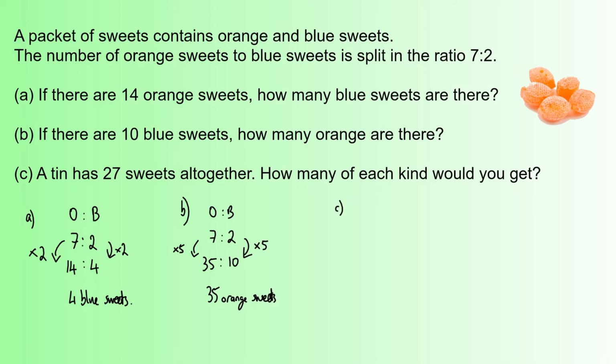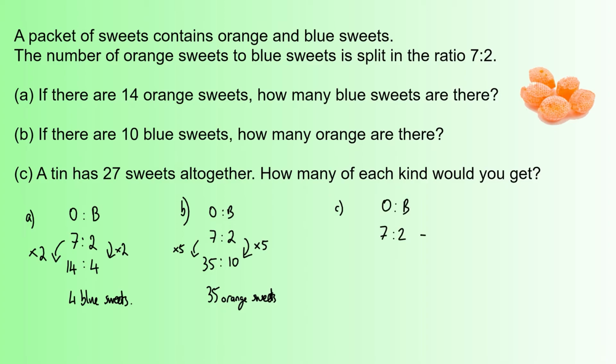Okay, and question C: a tin has 27 sweets altogether. How many of each kind would you get? This is actually taking you into a little bit of almost proportional division. It's kind of looking at what we're going to do next, but sometimes these questions are mixed together. If there's 27 sweets altogether, what you've got to think about is how many sweets you get in an individual group. The original ratio was 7 to 2.